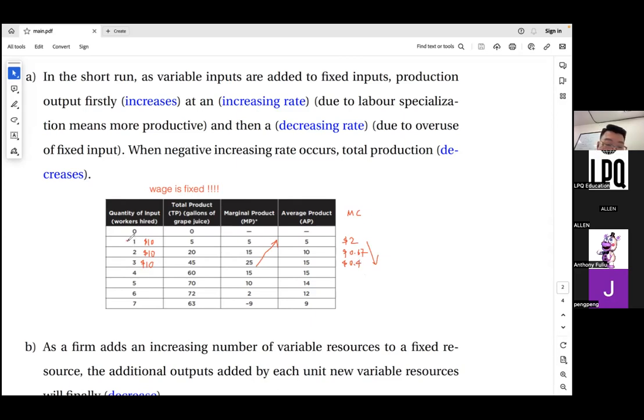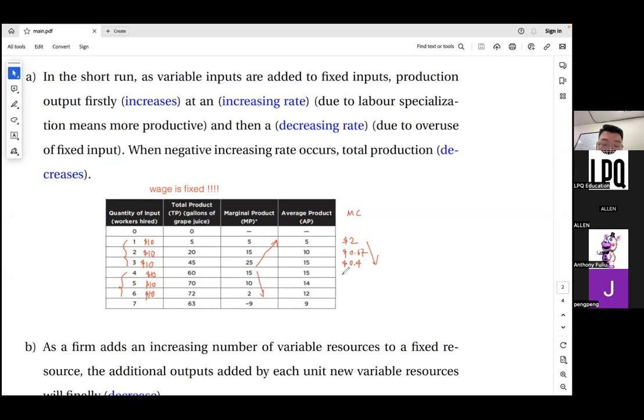Okay, this is what happened in the first stage. From 4 to 5, each step you still pay 10, but your marginal production decreases, so your MC begins to increase.